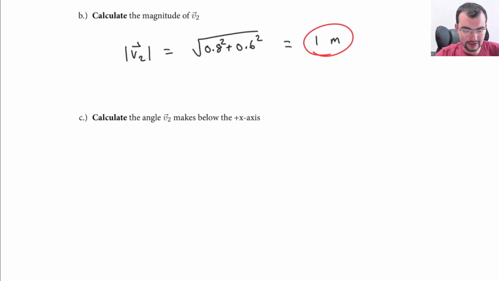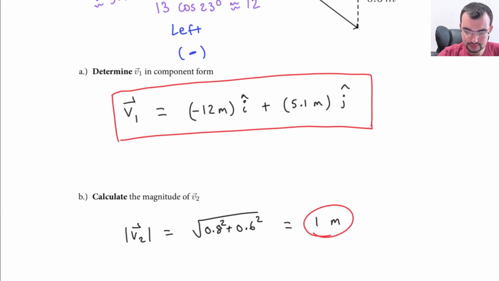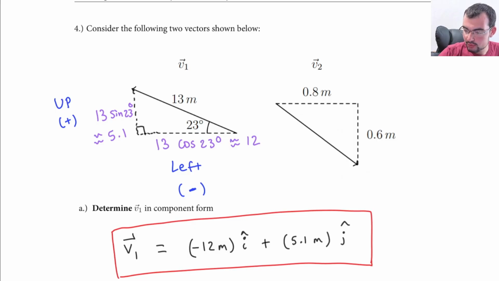All right, now calculate the angle V2 makes below the x-axis. We're actually interested in this angle right here, which we will call theta. For angle finding, it usually is helpful to use the full SOHCAHTOA definition. Notice this 0.8 touches, so I would call this adjacent, and this 0.6 does not touch, so I would call this opposite.